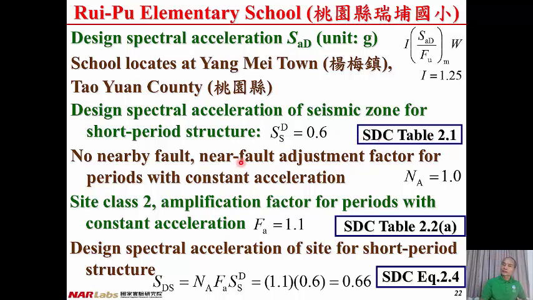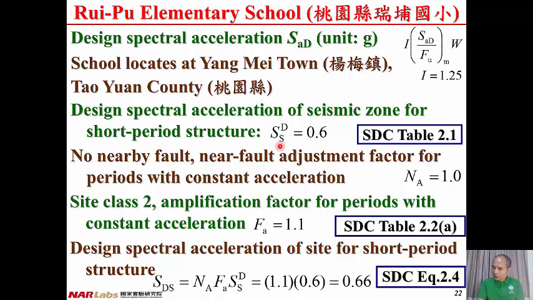Because there are no nearby faults, the near fault adjustment factor for period with constant acceleration, Na, equals 1.0, and this is assumed to be site class 2, the amplification factor for periods with constant acceleration, Fa, equals 1.1 from table 2.2a of the seismic design code.